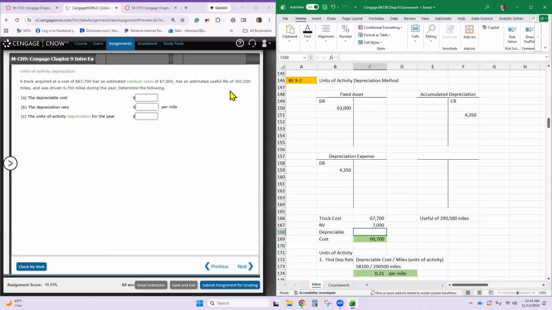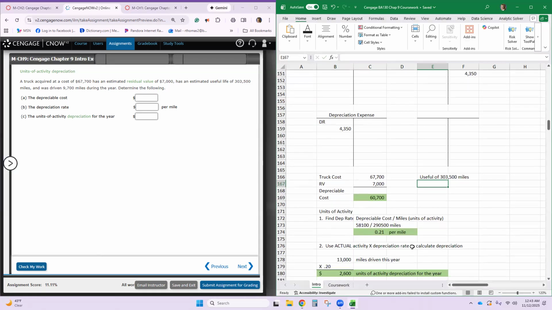Its useful life is 303,500 miles. And so now we've got to come up with a rate. Find the depreciation rate.